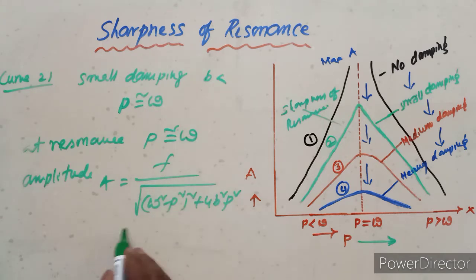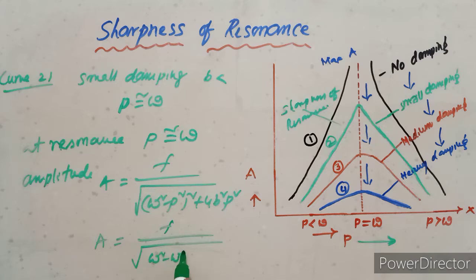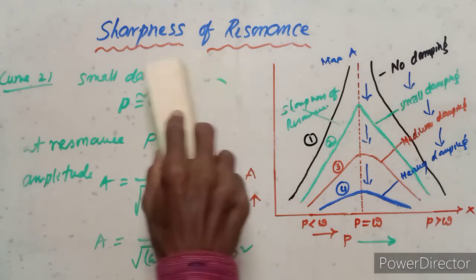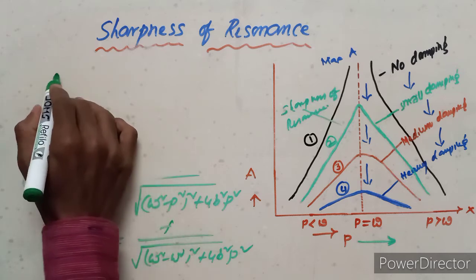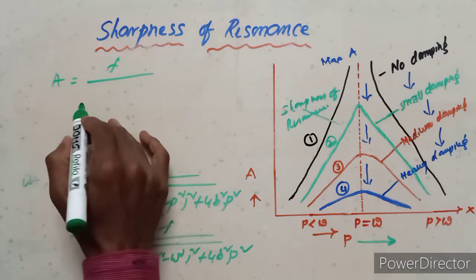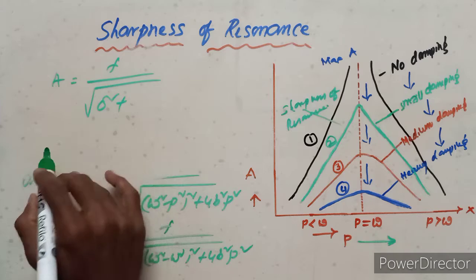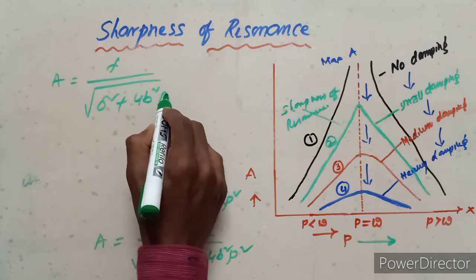This value is the resonant frequency. Amplitude A equals F upon under root (omega square minus p square) whole square plus 4b square p square.